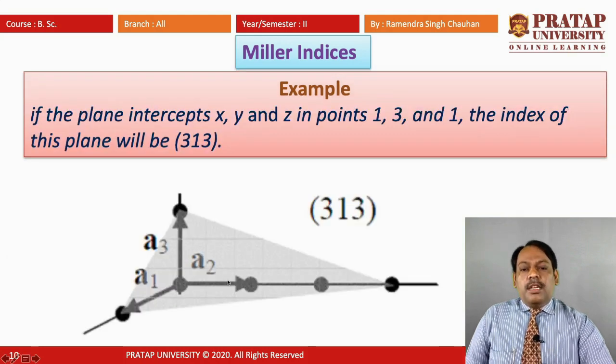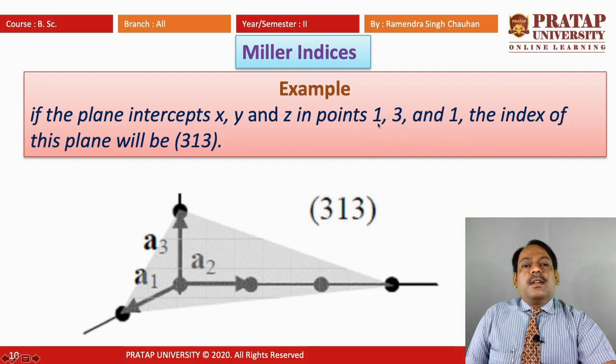Now, similarly, if we want to calculate for this example where the intercepts are 1, 3 and 1, we have reciprocals 1 by 1, 1 by 3 and 1 by 1. If we take the LCM, the LCM of 1 by 1, 1 by 3 and 1 by 1 will be 3.